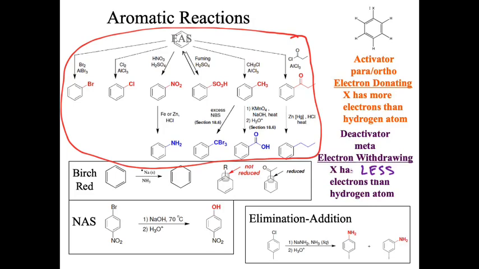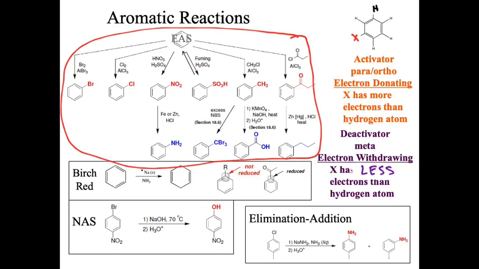So how could I possibly have an atom X, and for the sake of space, I'm going to do a slight rotation here, and put atom X over here. How could this atom X have fewer electrons than a hydrogen atom? How many electrons does a hydrogen atom have? 1. So how do I have fewer than 1 electron?